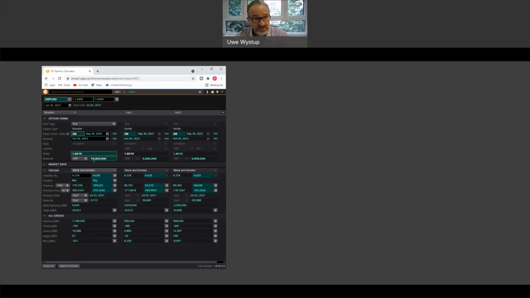Let's check if that's true. If I pick a strike slightly higher, 140.25, then vega is slightly smaller. Let's take 145, maybe that becomes clearer.